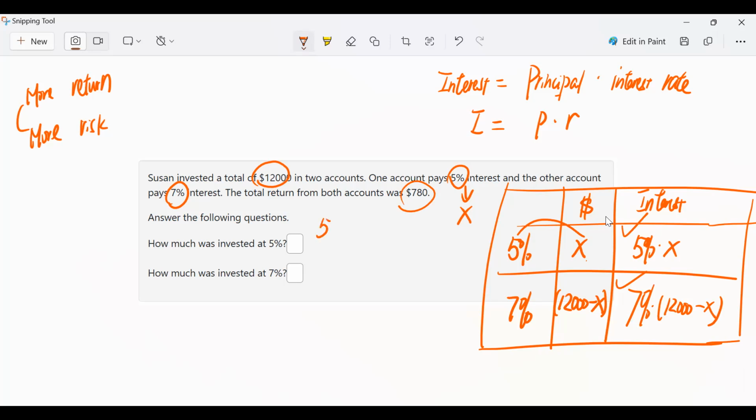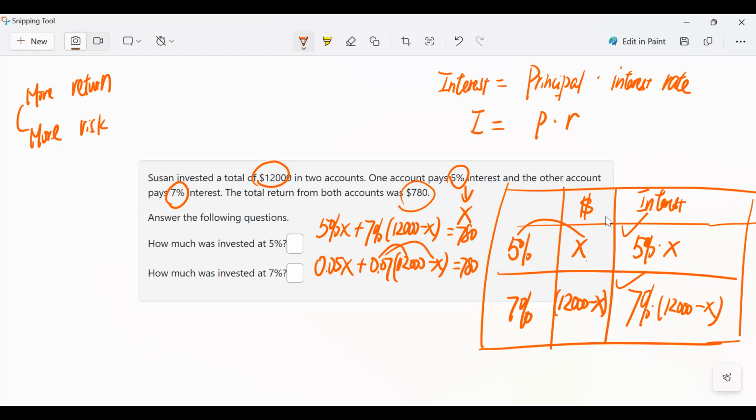So 5% times X plus 7% times 12,000 minus X is $780. Here we turn the percents into decimals. So this is 0.05X plus 0.07 times 12,000 minus X, that is $780.